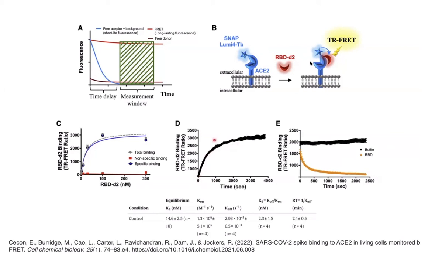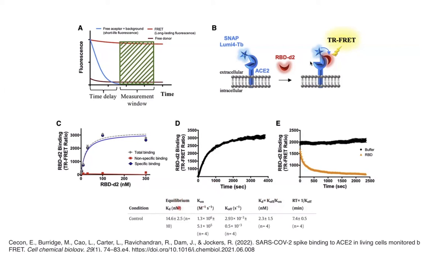And so when you get this, you can see association. You can get your K on. And then if they do a dissociation assay, they're able to see the release over time and get the K off. And so that's what they're showing in this figure. And note that here they're basically showing how they got the KD from the kinetic data.